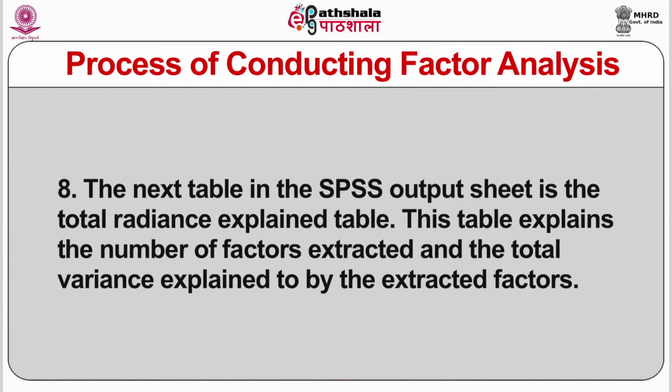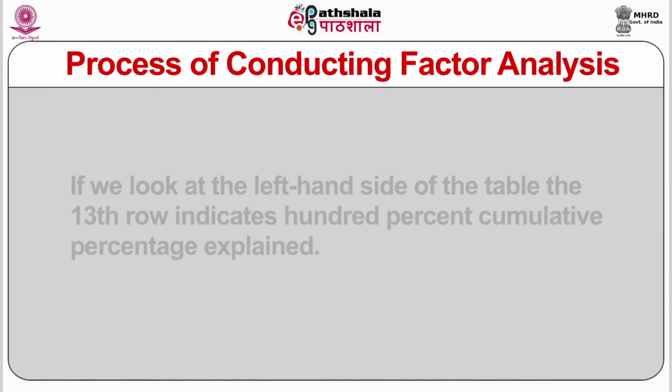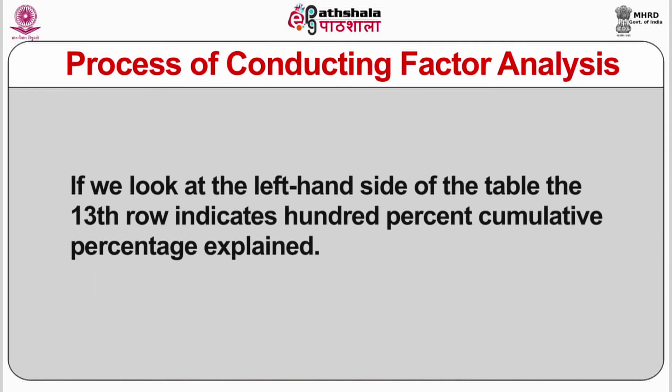Step 8. The next table in the SPSS output sheet is the total variance explained table. This table explains the number of factors extracted and the total variance explained by the extracted factors. If we look at the left hand side of the table, the 14th row indicates 100% cumulative percentage explained.